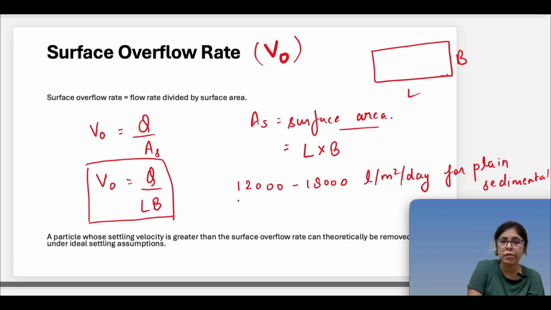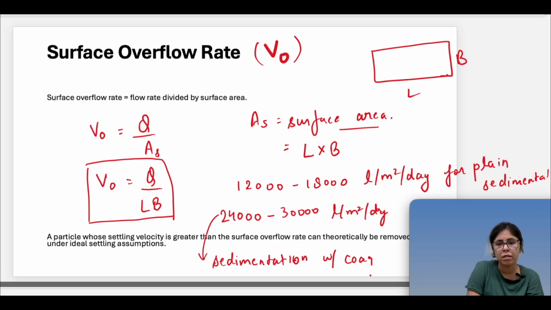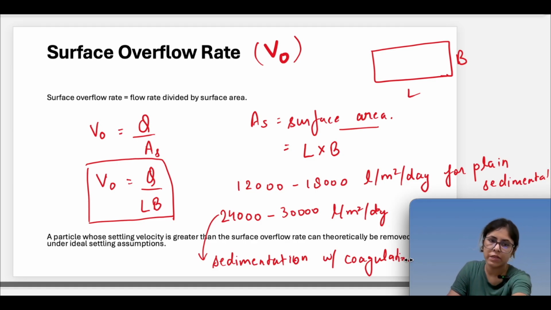If I have sedimentation with coagulant, then it should be 24,000 to 30,000 liters per meter square per day, for sedimentation with coagulation. So these are the surface overflow rate specifications.